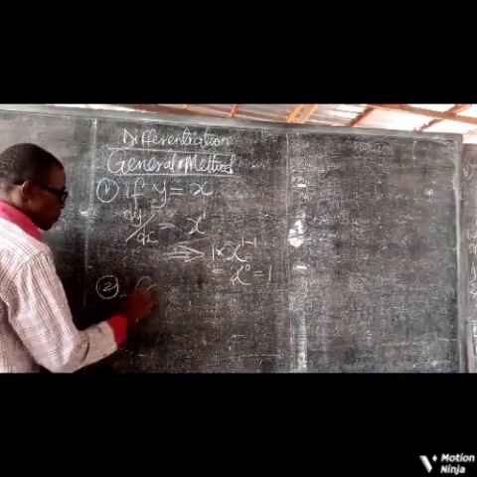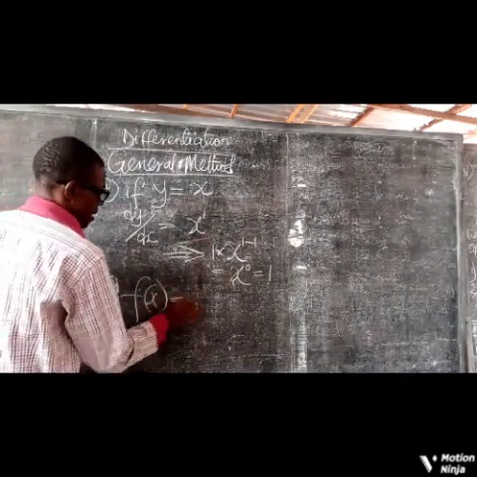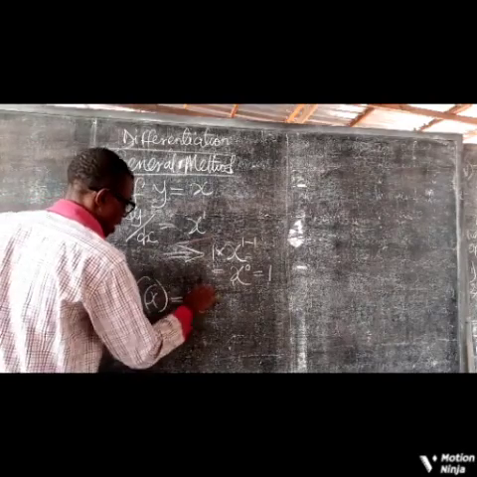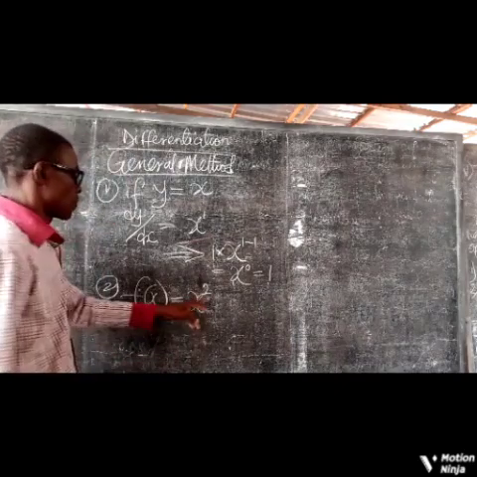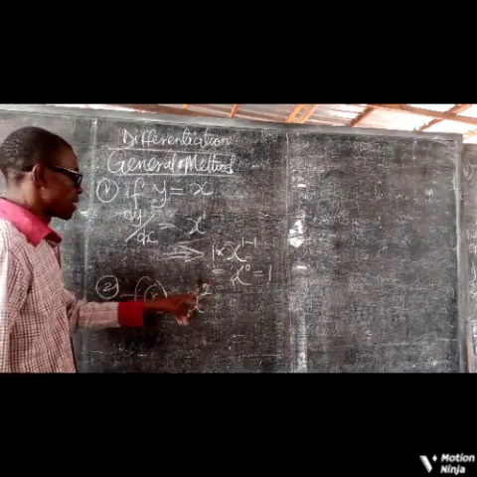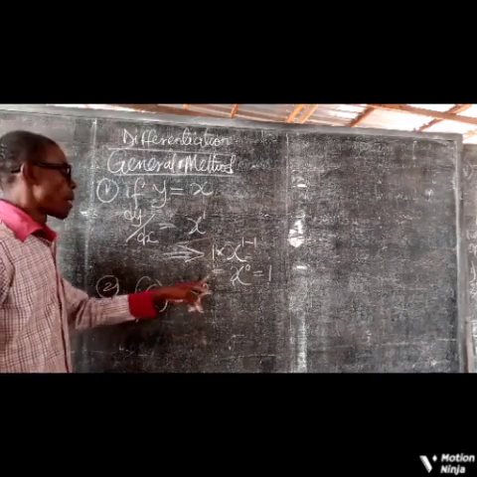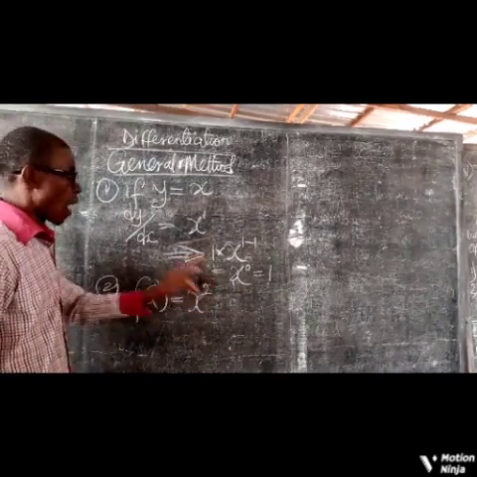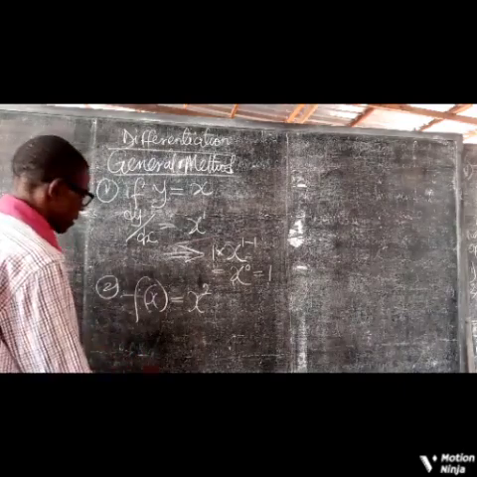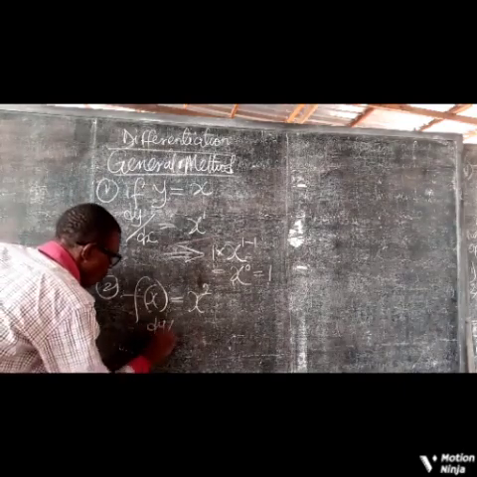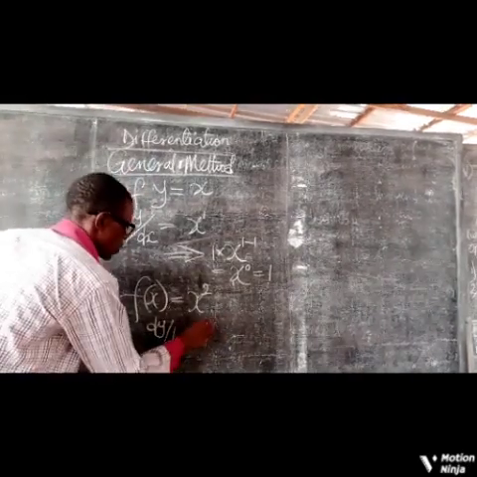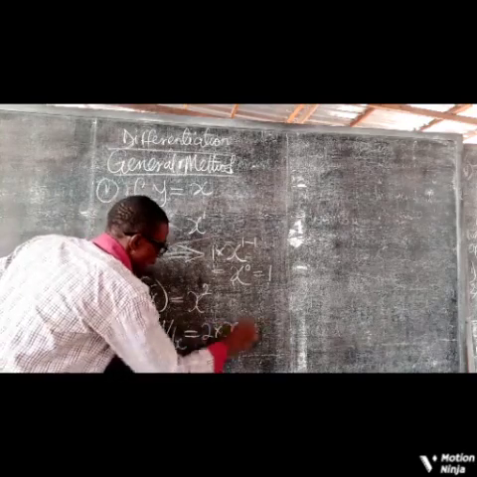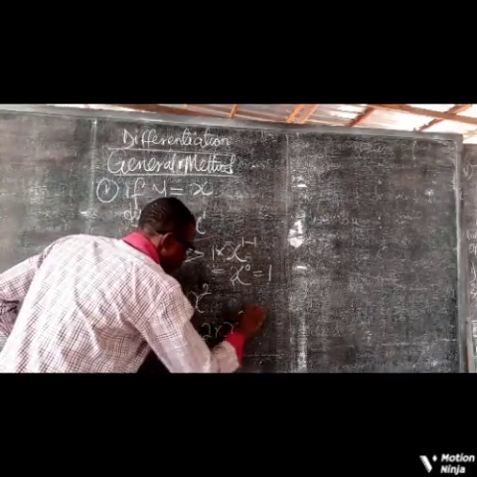Now number 2, let's look at this. If f of x is equal to x squared, what are we going to have? First of all, we multiply the variable by the power and take away 1 from the power. So changing y over changing x will be giving us 2 multiplied by x to the power of 2 minus 1.